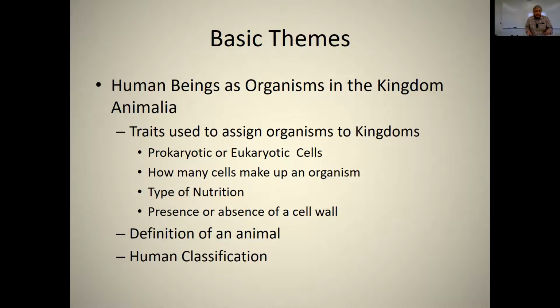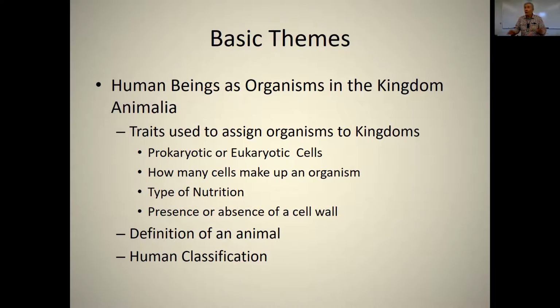So there are three kingdoms that are multicellular: Animalia, or animals; Plantae, or plants; and fungi. There's one exception with fungi. Some fungi are unicellular, they're called yeast. Some of these traits are not 100%, like 100% of the kingdom is this.